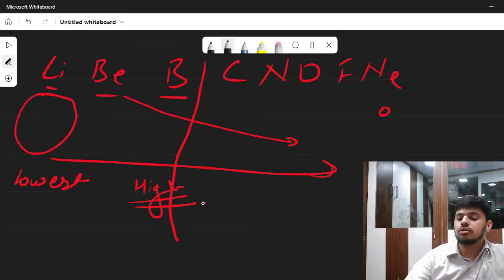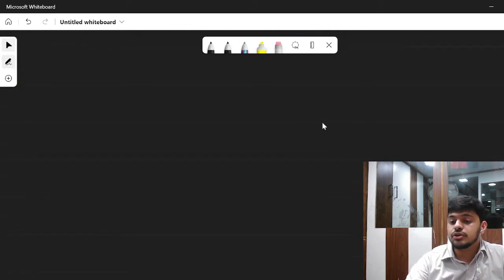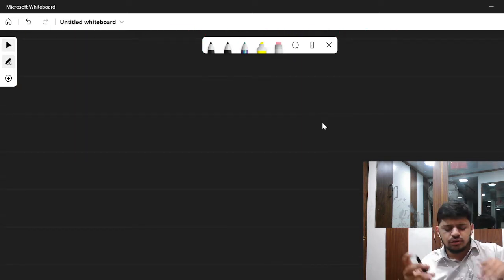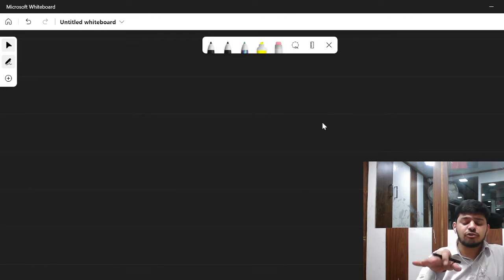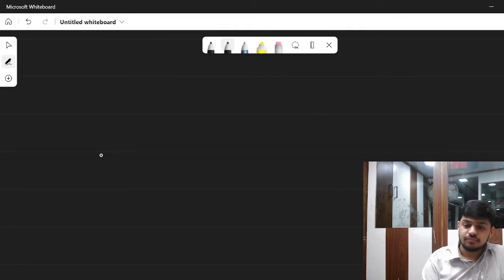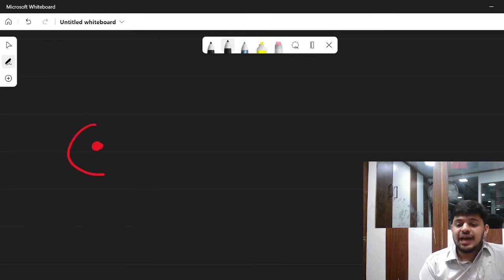Now let's come back to our topic, which was the quantum numbers. So what actually were the quantum numbers? We just removed an electron from the atom, right? So one thing again comes to our mind: where was the electron? How is the electron revolving inside the atom? Now see, one thing you should know is that the atom has shells.